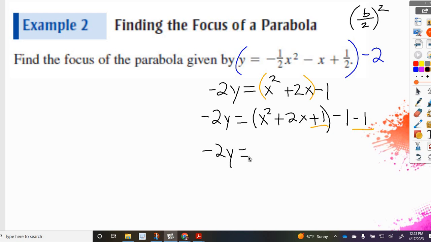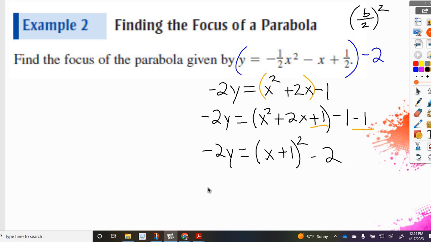Now, what does that parentheses factor to? Or in other words, what multiplies together to give you 1 and adds together to give us 2? 1 and 1, right? So we end up with x plus 1 quantity squared, which is what we wanted. We wanted a perfect square, just x and a number with a square on the outside. However, right now we do have just a number hanging out on the outside. So minus 2.